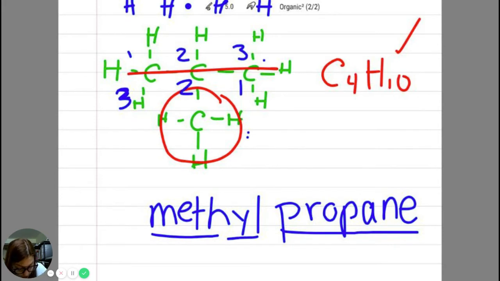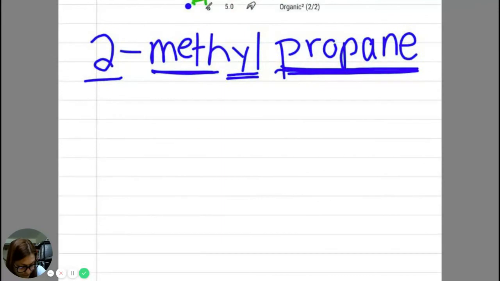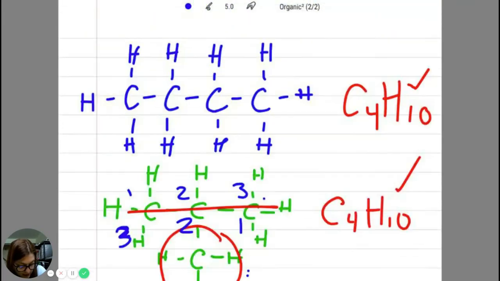So the official name of this molecule would be 2-methylpropane. That tells me I have a 1 carbon dangling from carbon 2 on a 3 carbon single bonded chain. It's a lot of information. It's just the way organic is. There's not really much else to it.